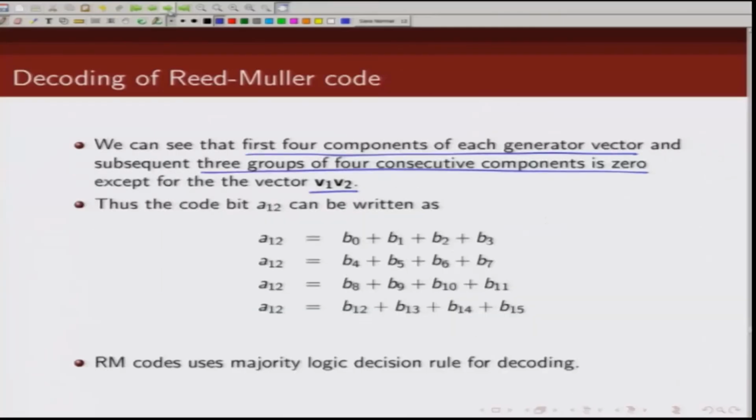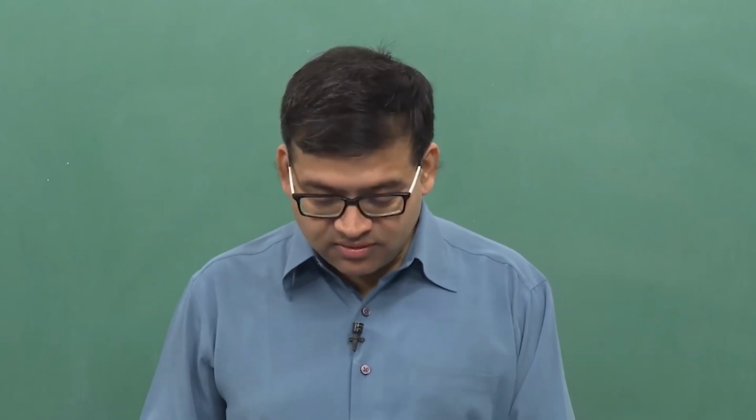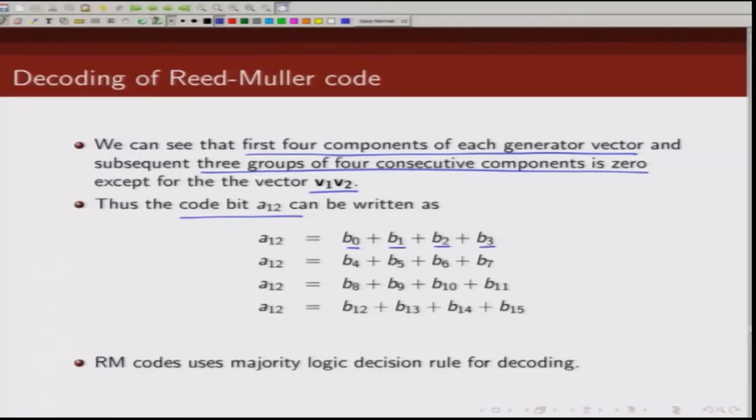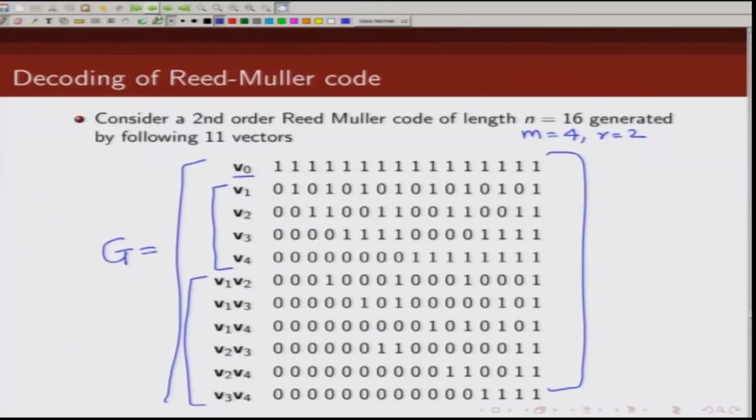So, in other words, these code word bits can be written as, if I am calling the bit at 0th location as B0, bit at first location as B1, second location B2 and B3, then by adding the first 4 bits, I can get information about what A12 was, and this can continue for the next set of bits as well.